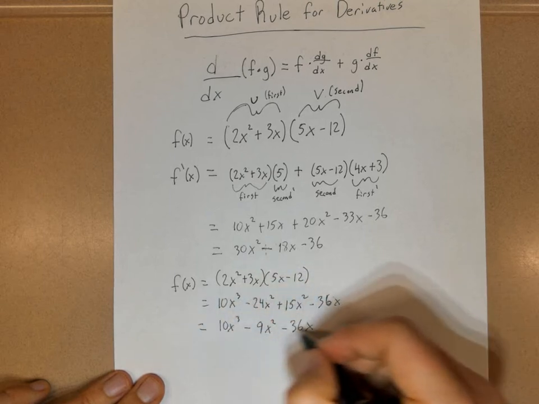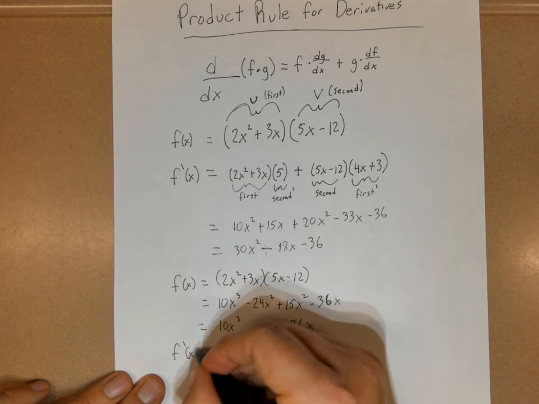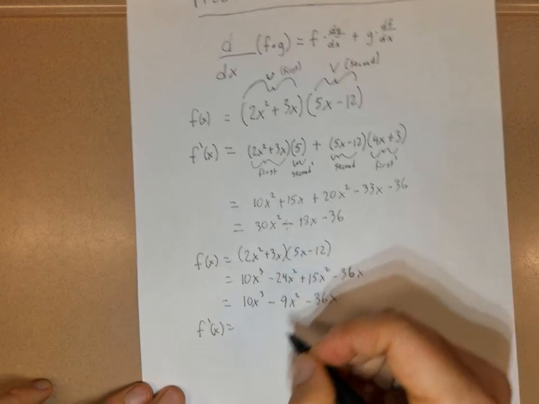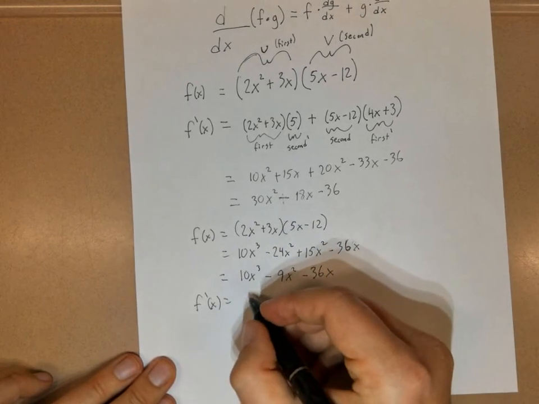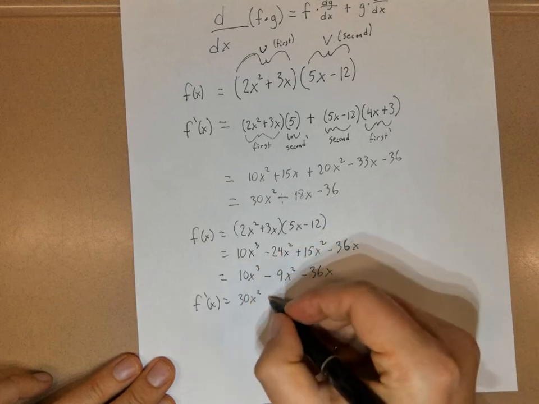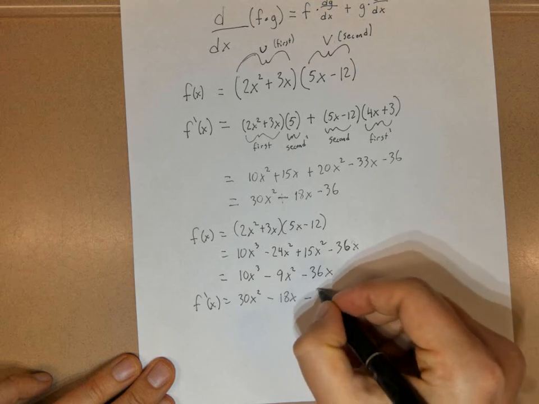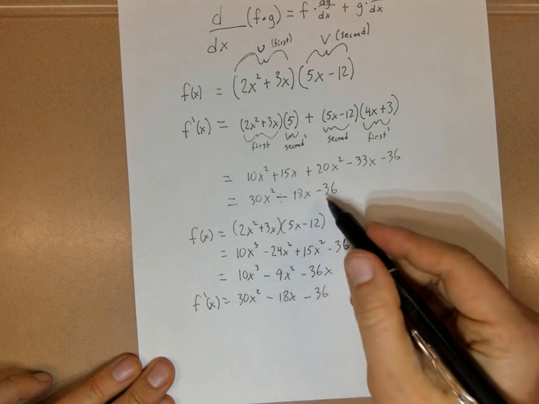And so now if this is our f of x, our derivative, if we apply the power rule, we're going to have 30x squared minus 18x minus 36, which is exactly what we have up above.